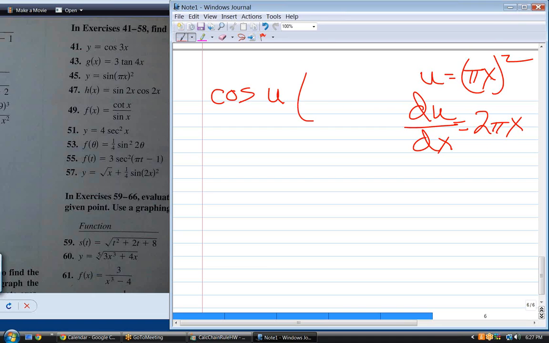Okay, so I'm going to multiply. So why do we keep the x? Go ahead. Why do we keep the x? Because pi is just a number here. If I said u was equal to 3.14x squared. Oh, okay.